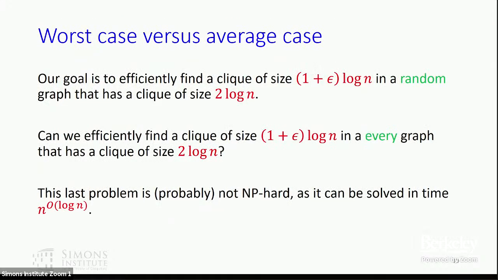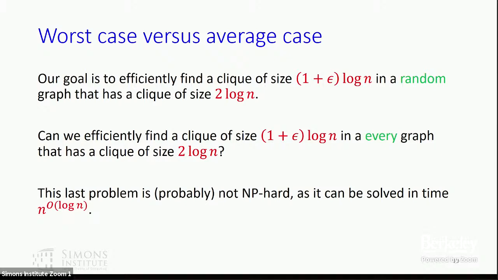Okay, another approach that you should automatically try is to see if maybe the problem is easy even on worst case instances. So our goal is to efficiently find a clique of size (1 plus epsilon) log n in a random graph that we know has a clique of size 2 log n. Maybe we can, in every graph that has a clique of size 2 log n, efficiently find a clique of size (1 plus epsilon) log n.